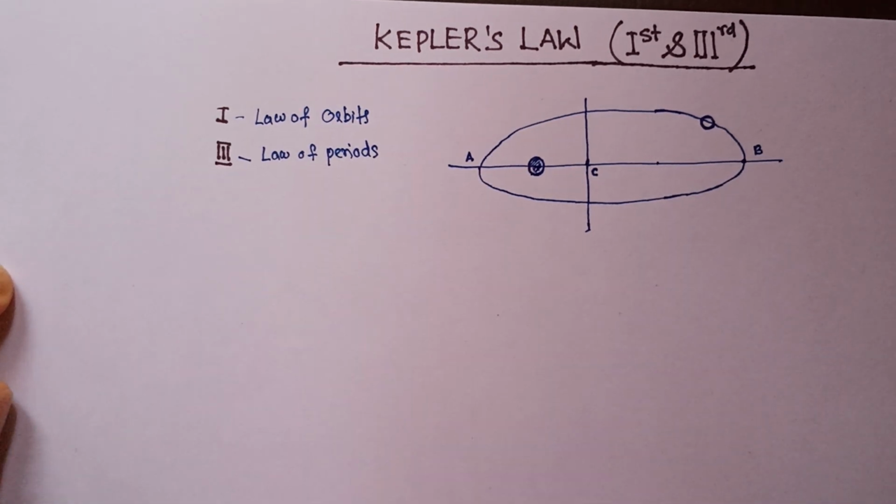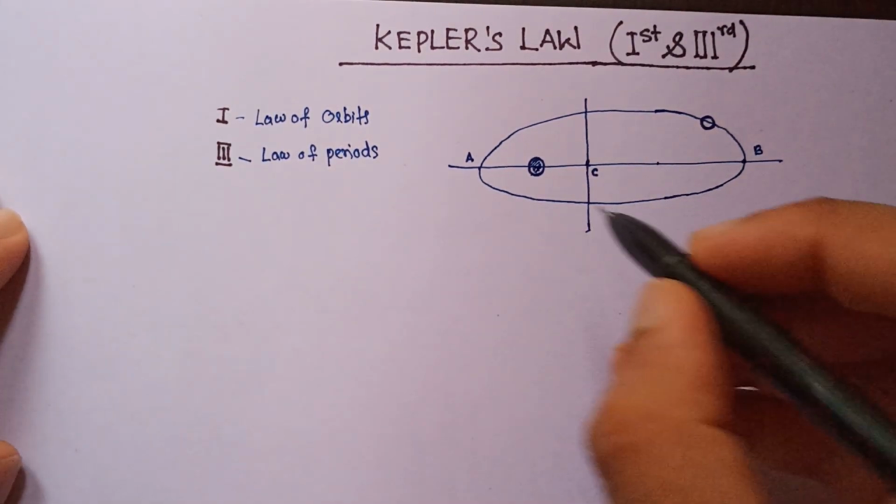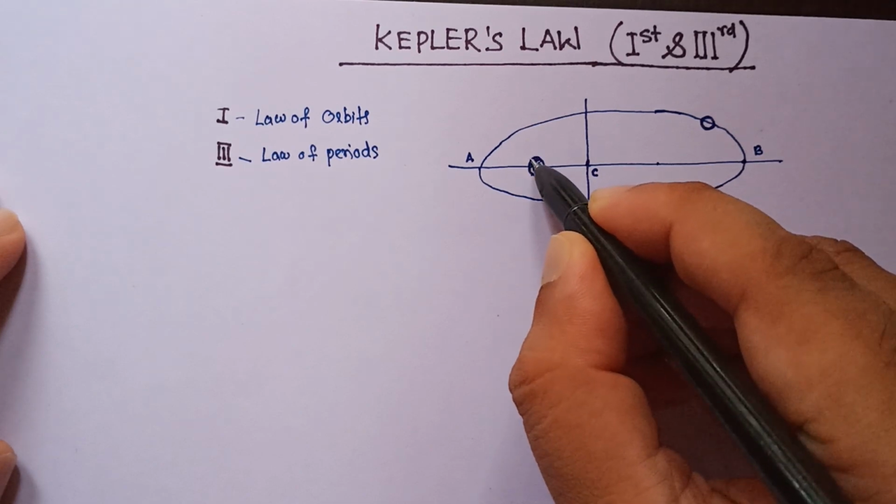When it comes to the law of periods, things are more complicated, so we'll try to make them simpler, and that is why we are here. Let's say the position of the sun is here.